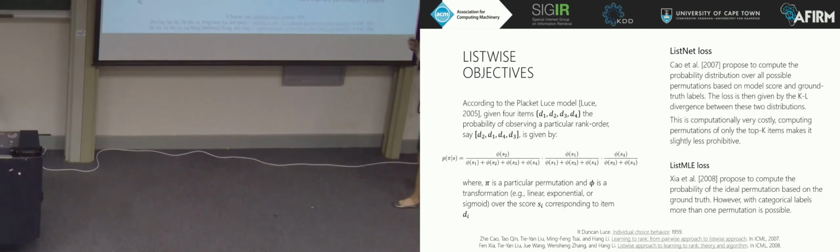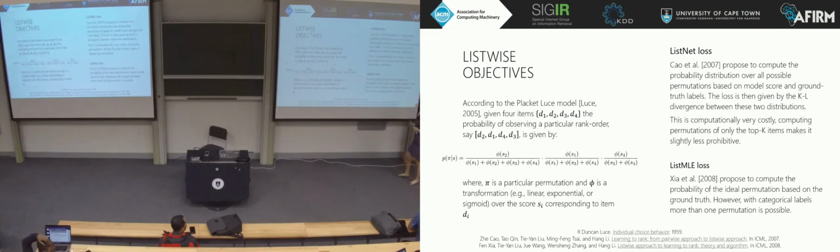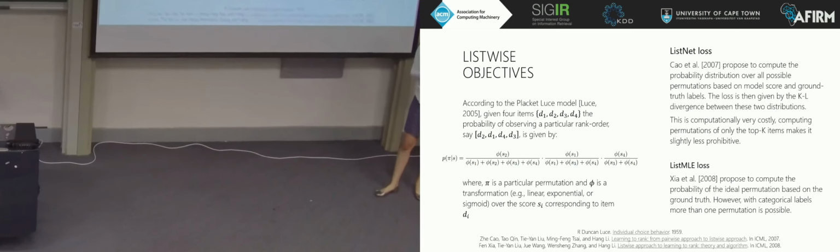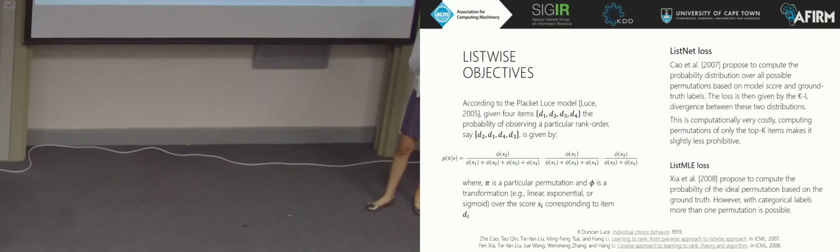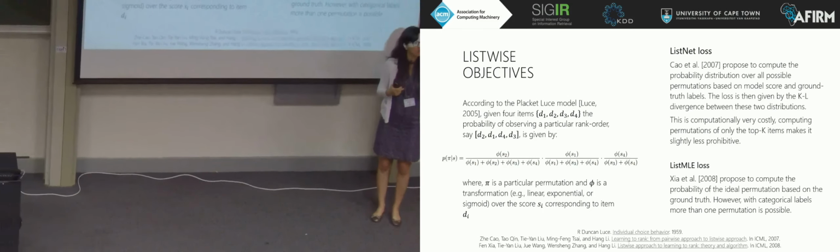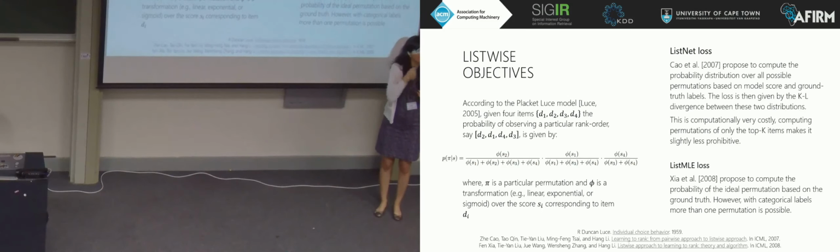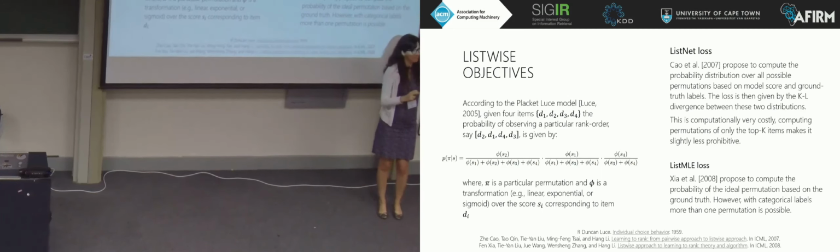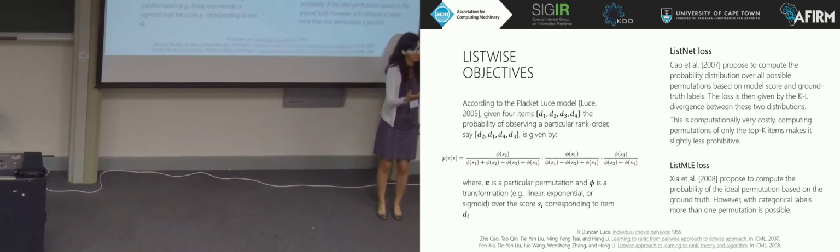Then the other approach that people have come up with is to use another objective function. Instead of computing KL divergence between the ideal lists generated and the one given the scores, you could compute the probability that, given these scores, you could generate the ideal ranking that you could generate given the relevance labels.